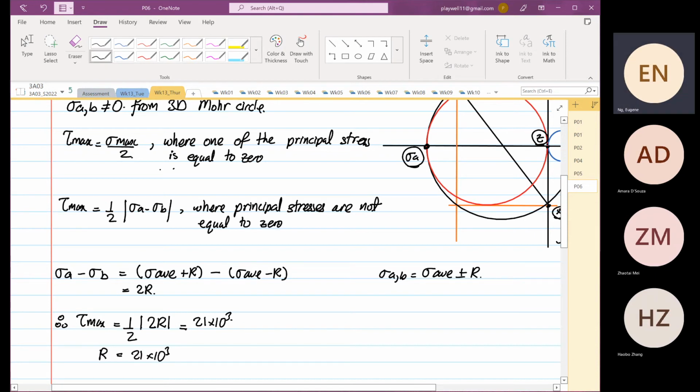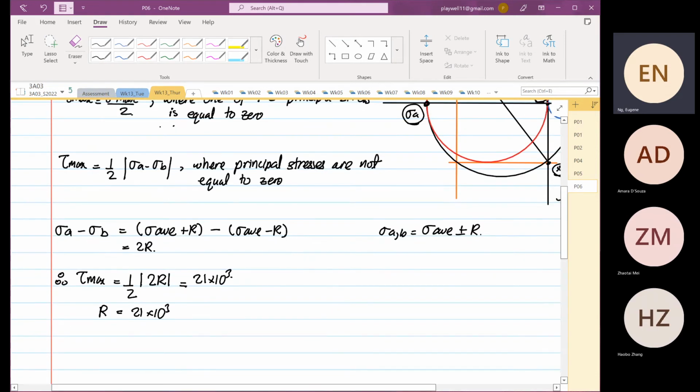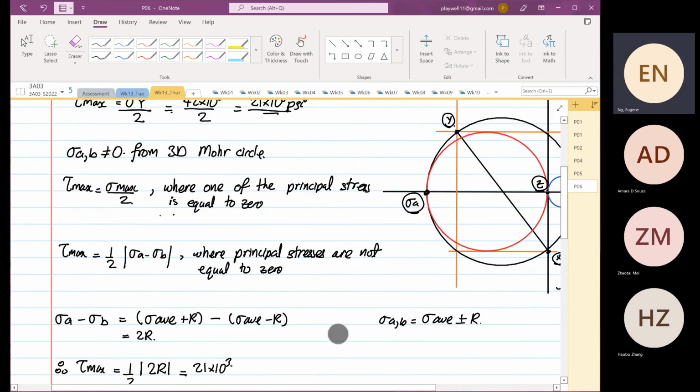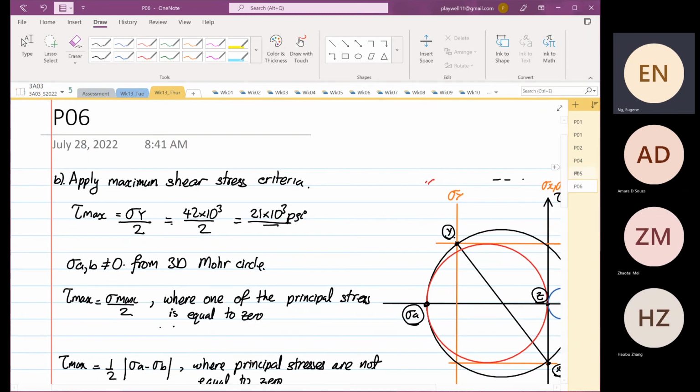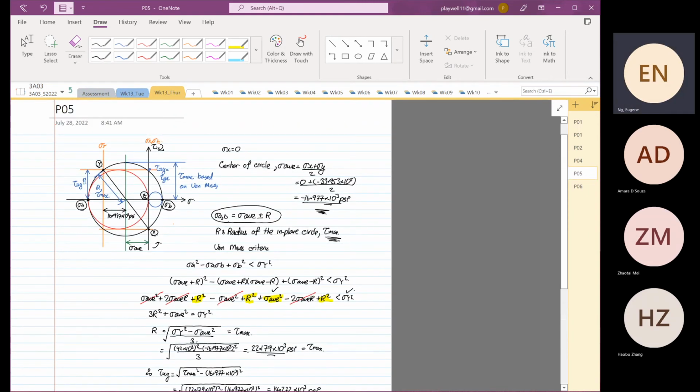So from here, again, we apply the same formula, knowing that the radius is equal to 21 times 10 to the power 3. Now we are looking into this figure again.